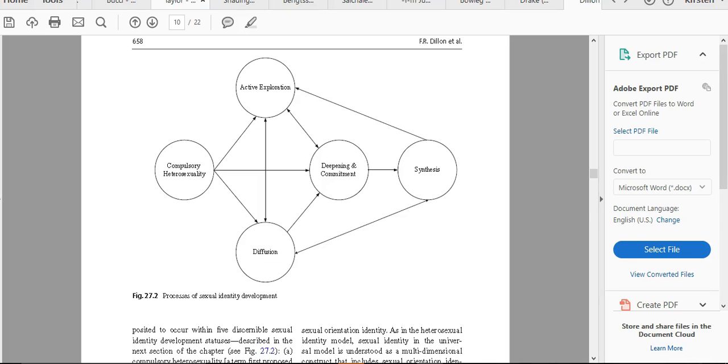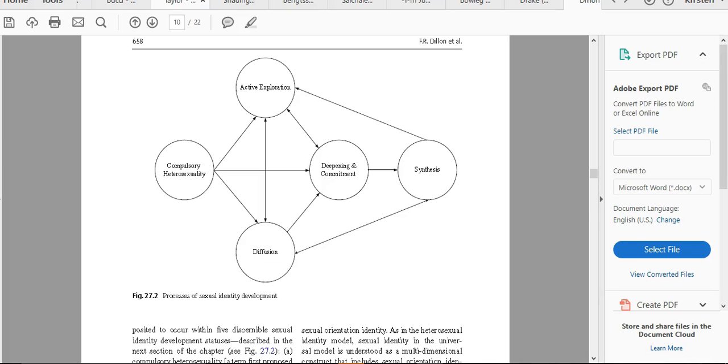This was a dominant type institution. The concept of compulsory heterosexuality is the place in which Kevin existed for, I would say, probably most of high school and the first two years of college.